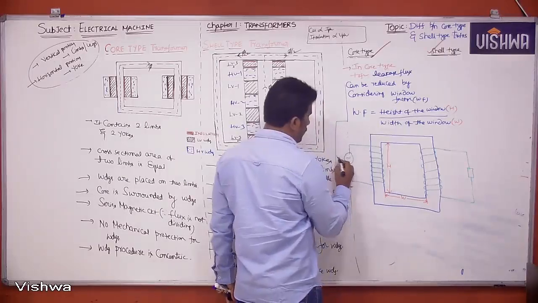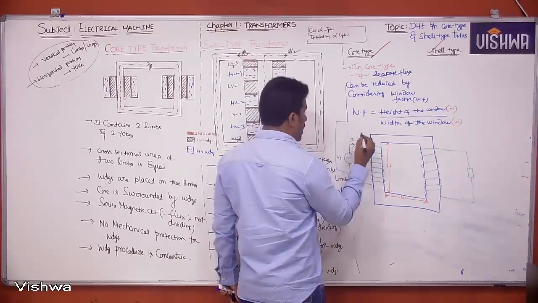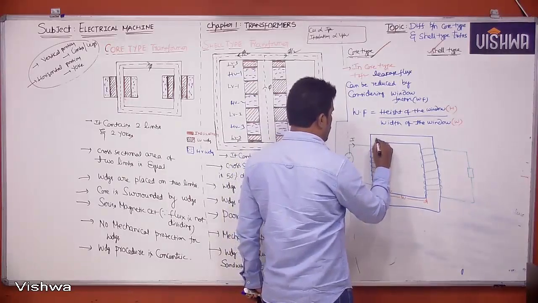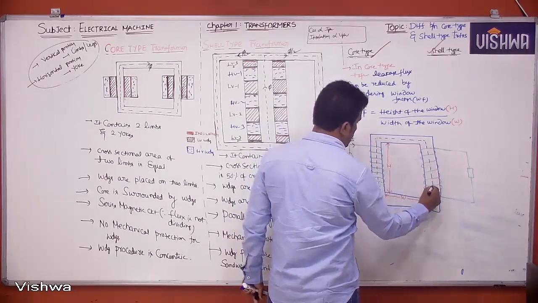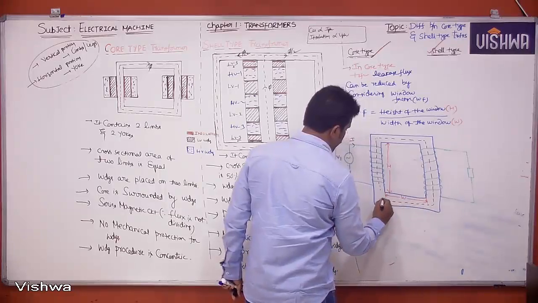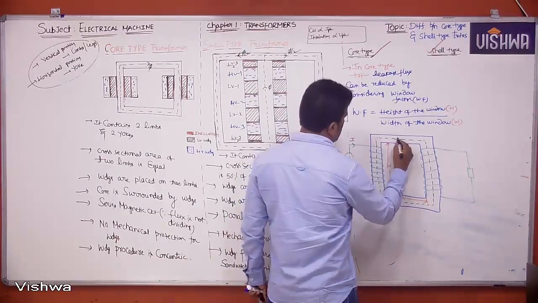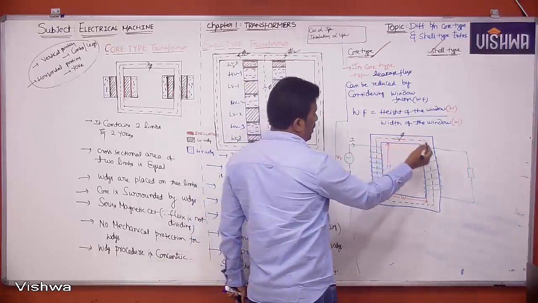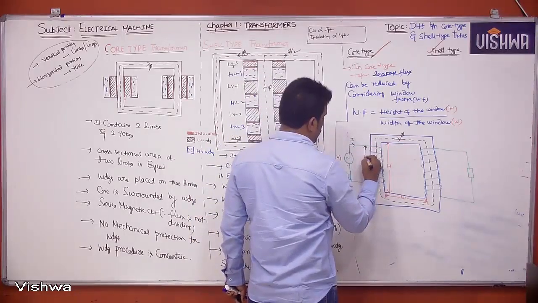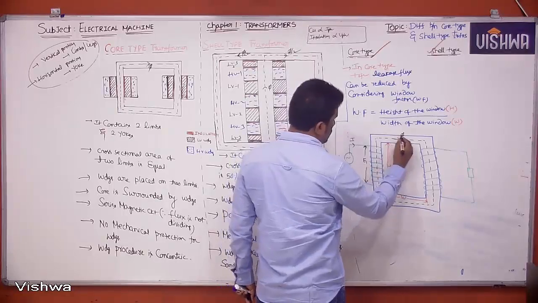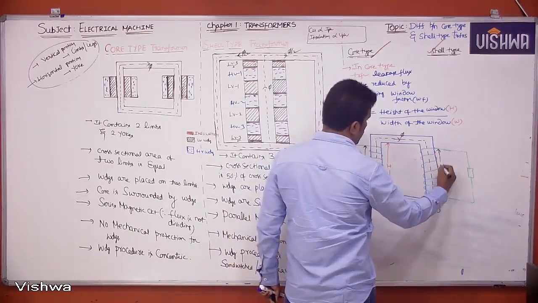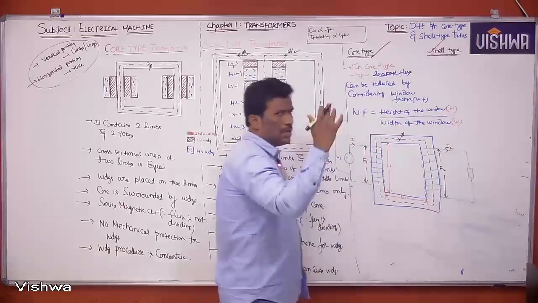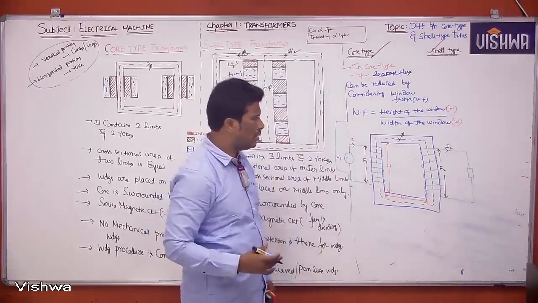After connecting the source V1, it will take some current, I mu. After that, flux comes and links with the primary winding. It will go like this. This is nothing but the core flux. Because of I mu, you get phi. Because of phi, you get EMF E1, as we already discussed. Because of the same flux, you get EMF E2, and according to Lenz's law the direction of phi2 will be like this. We already discussed this in the last sessions, so please go through that.